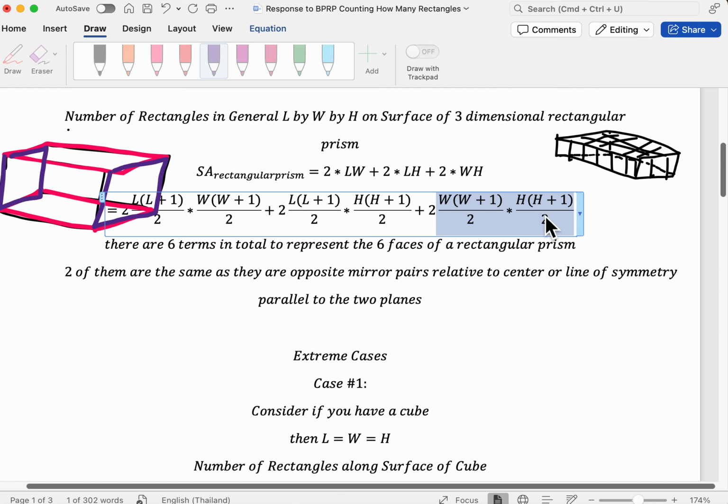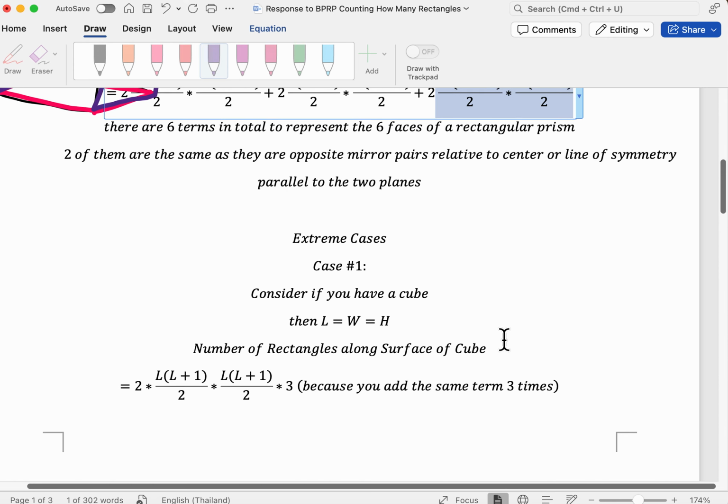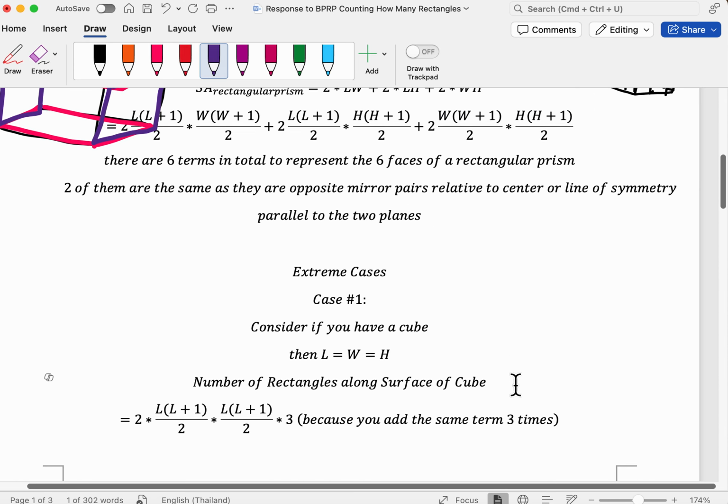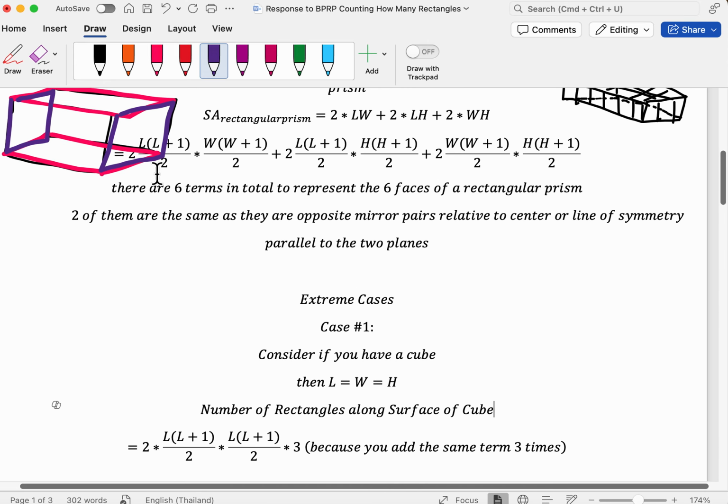Oh, I'm sorry. This is along the surface of a cube. If you're looking at the outside of a cube, it will have basically 6 faces if you break up its net open like this.